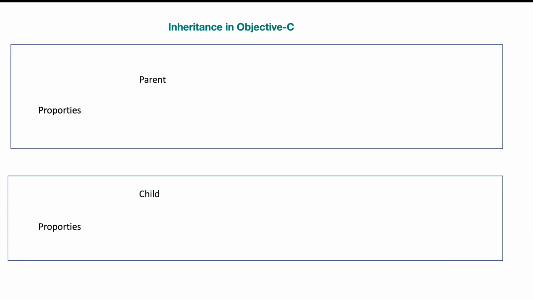This is the whole picture: it is a structure where you define all the properties or members in your base class, and in the derived class you can utilize those properties or data members.